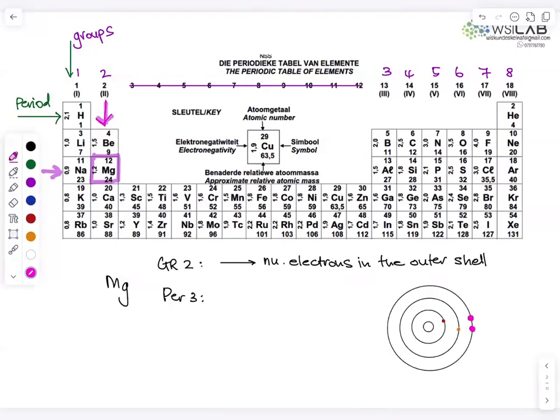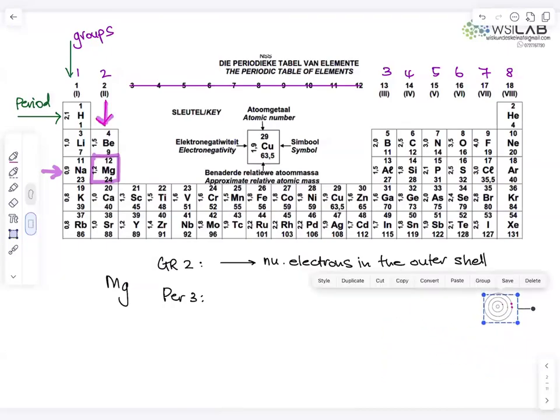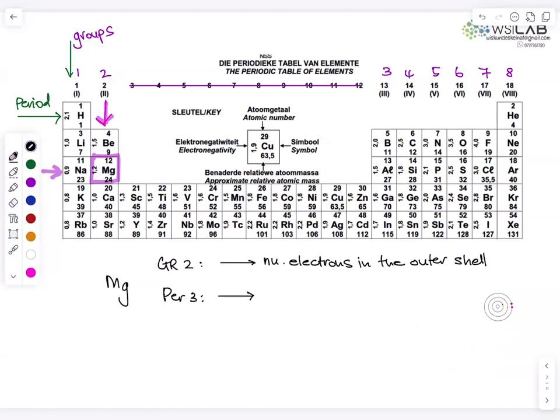The outer shell is just the area furthest away from the sun, from the nucleus. Okay, and then the period will tell you how many areas there are around the nucleus.